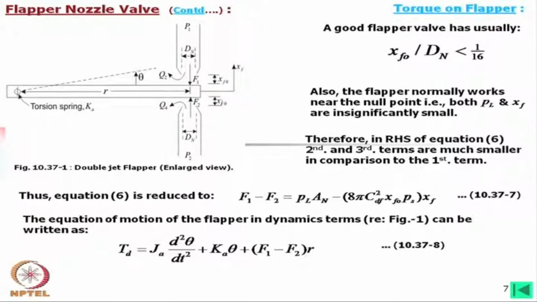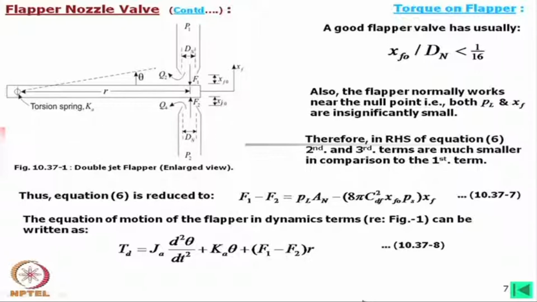Then we calculate the torque on the flapper, that means how much torque we need to operate this one. The equation of motion of the flapper in dynamic terms can be written as this: T d is equal to this inertia, and then d square theta by dt square, this is the torsional spring stiffness into theta, and this is the force into r, this arm.